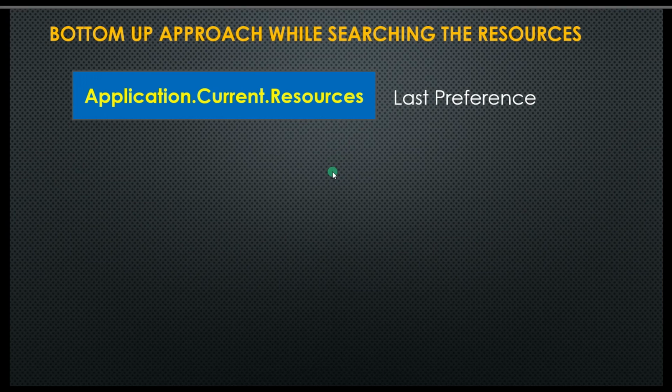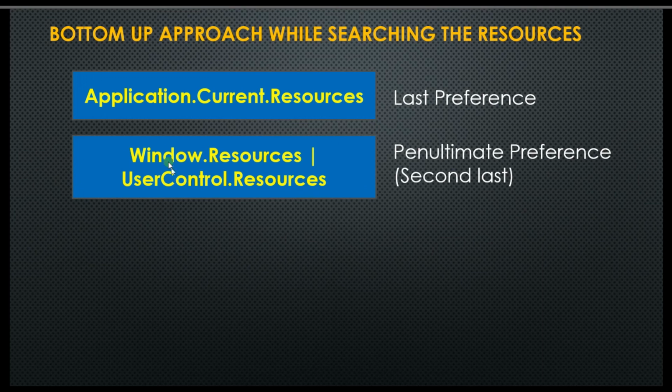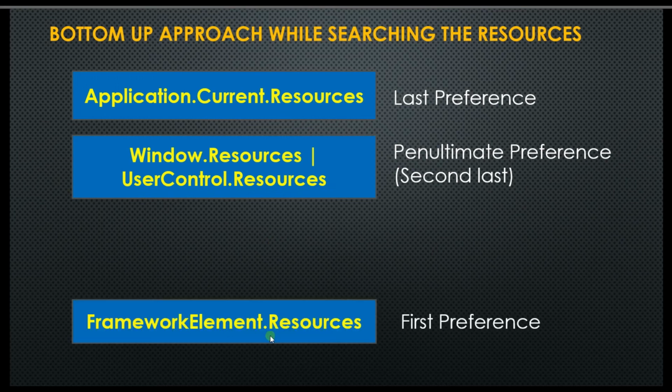If you have something else inside your application, most probably the penultimate, meaning the second last, is your user control itself or your window. So if your window.resources or user control resources has some other value, then it will stop there, and your application resources will not even be reached. The first resource is always the framework element. Let's say you are going to change the color for a text box.